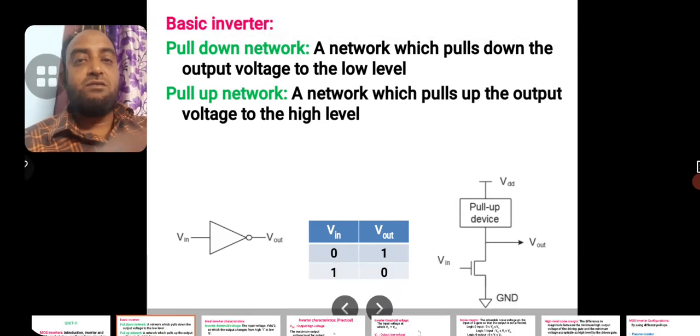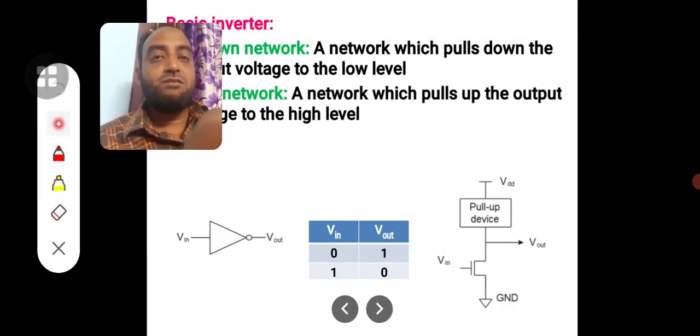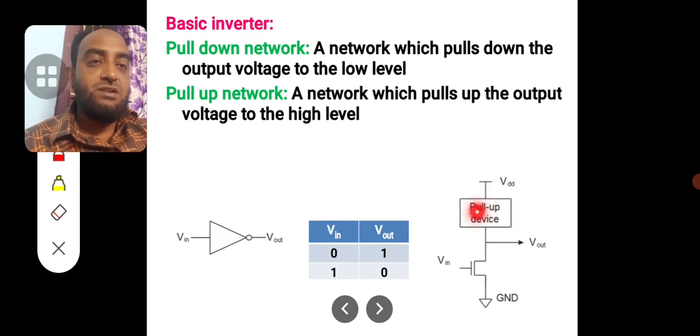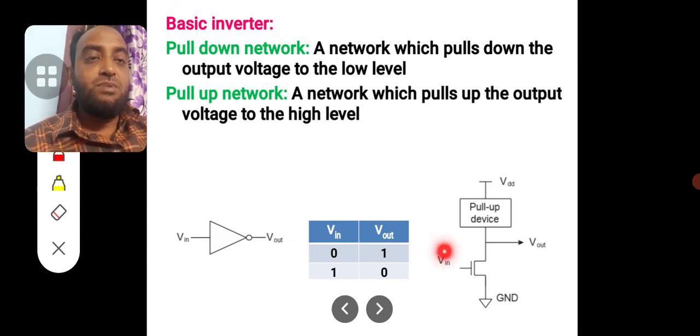Consider what happens if you don't have the pull-up device, which is shown in this circuit. When you apply logic 1 as the input, the transistor enters into the saturation region, providing a conducting path from its drain to source.